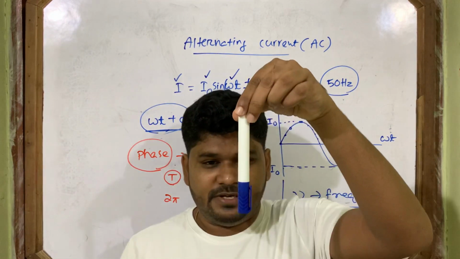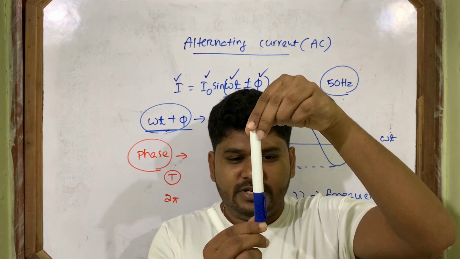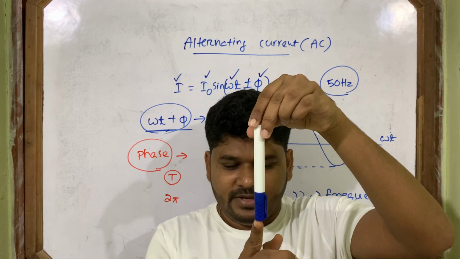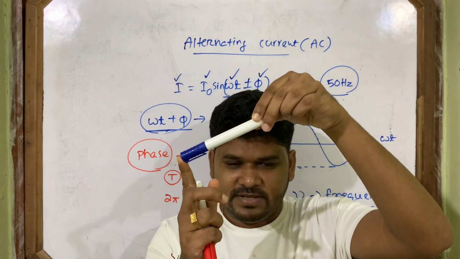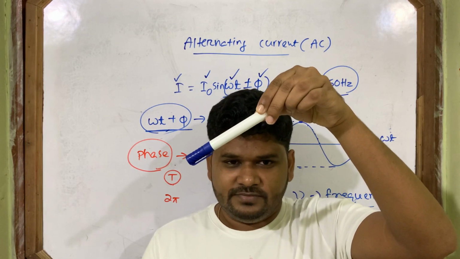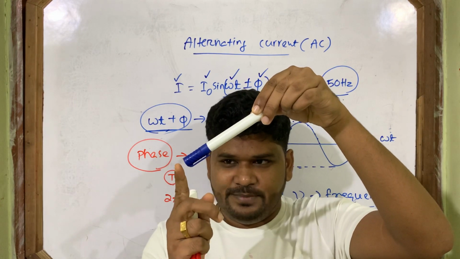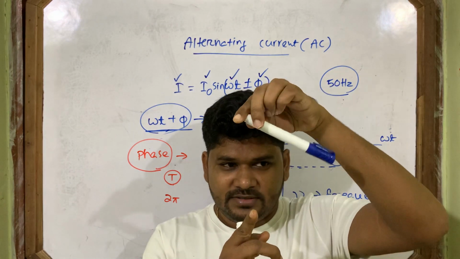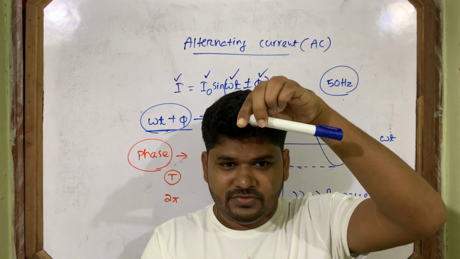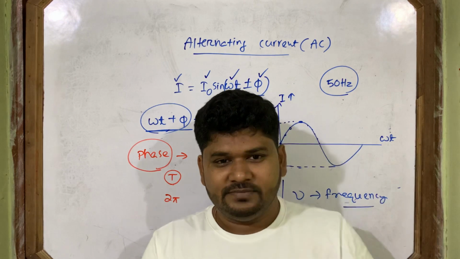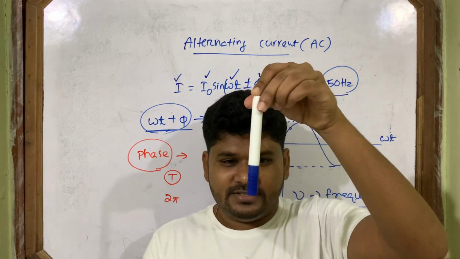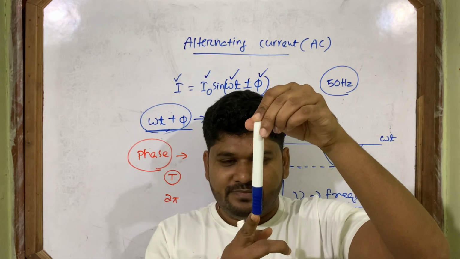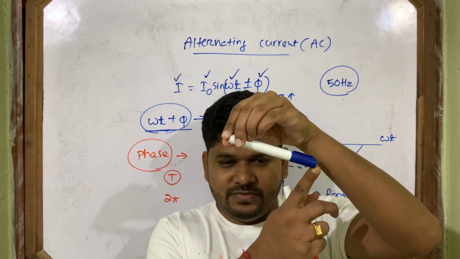Suppose the body starts from here. If the body starts from here, this is 0 phase. It moves to this side, the extreme end, pi by 2, pi, 3 pi by 2, 2 pi. Again I am telling: 0, pi by 2, pi, 3 pi by 2, 2 pi.